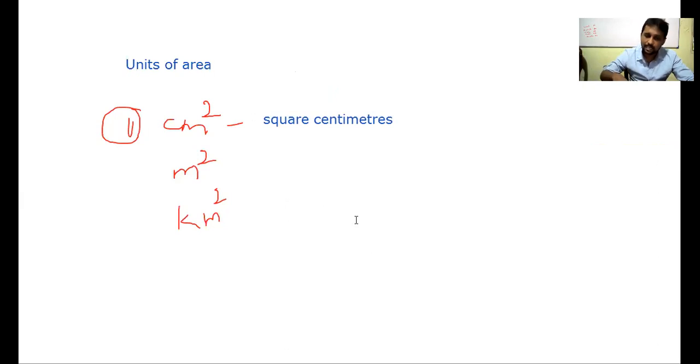Next one we can read square meters. Next one we can read square kilometers.